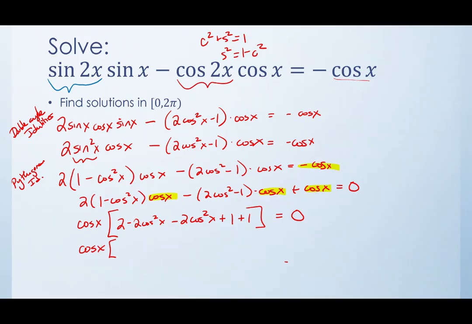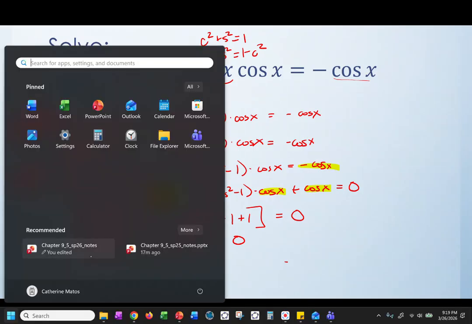All right, so we've got 2 plus 1 plus 1, that's 4. We've got minus 2 cosine squared, minus 4 cosine squared x equals 0. So at this point now, we can split this. This one's pretty tough, okay? It'll take you a long time until you've practiced over and over again.